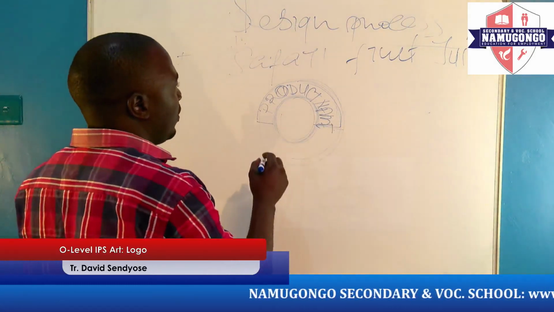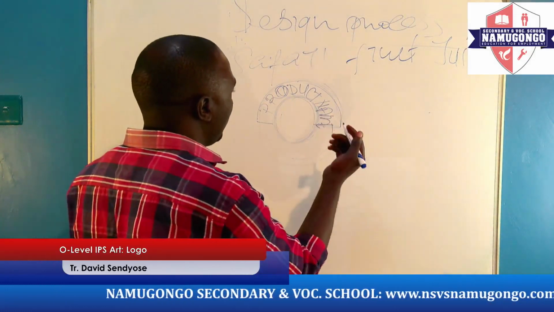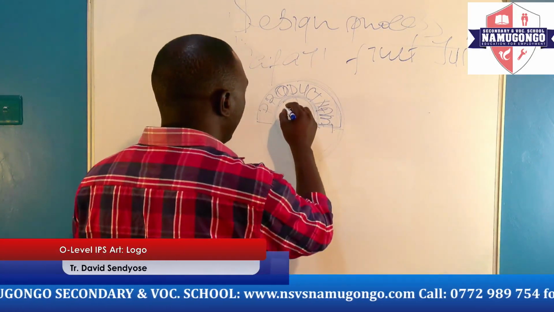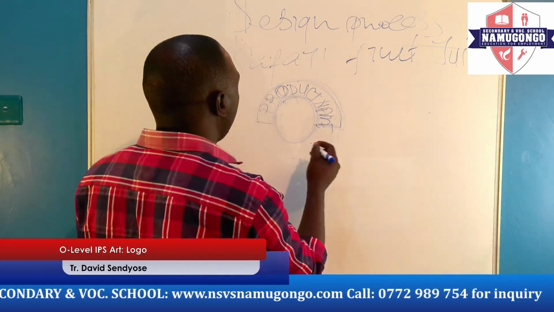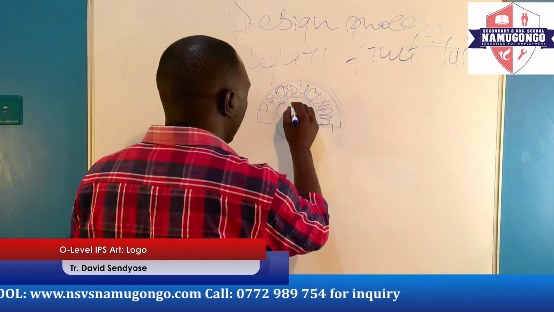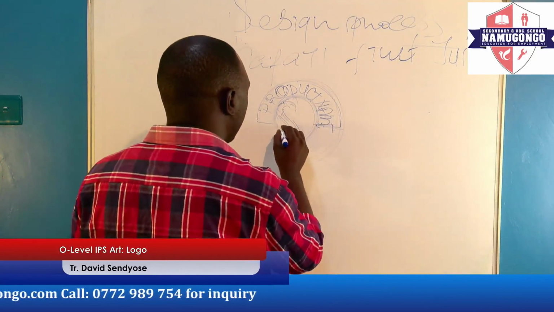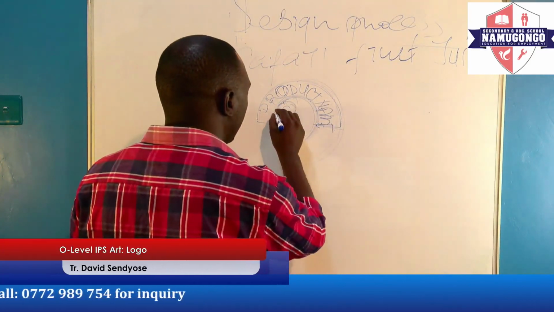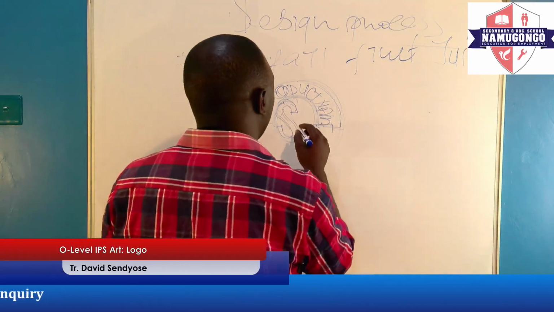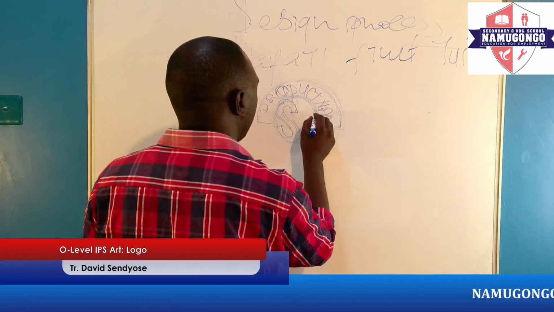Then where do I put the initials? I can decide to put the initials in the middle. The initials we are having S, we are having F, but you do it in a creative way.